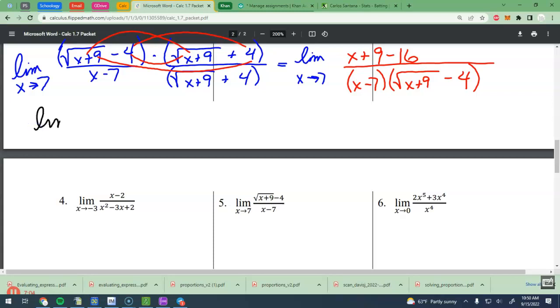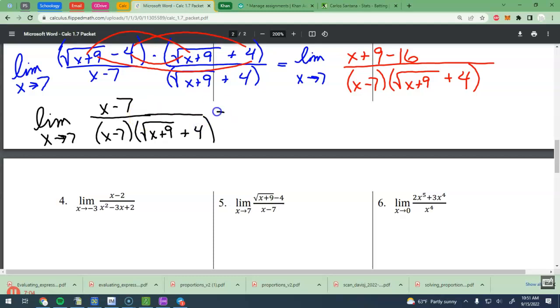Yes, thank you. This should be plus 4. What I really have on top is just x minus 7. And on the bottom, I still have all this stuff. Again, don't distribute through because then it's way less obvious that these two are the same and that they'll cancel out.